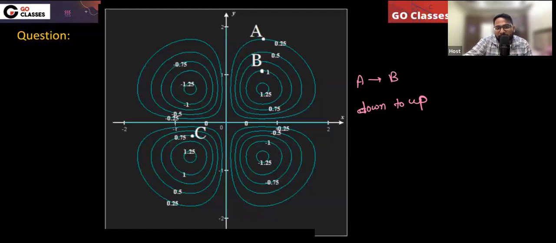I think the gap is 0.25, so you can see that here it is a little more. So C seems to be steeper as compared to B. It is just for visualization.